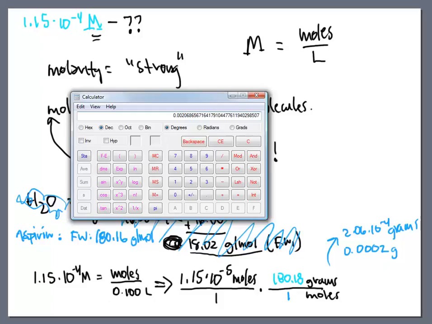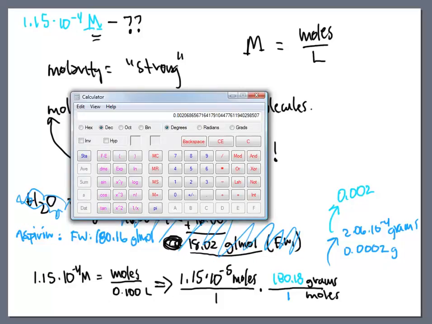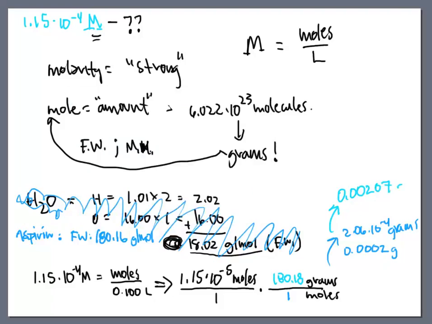And this means that I need to weigh out 0.002 grams. Now, I really need 3 significant figures here, so the first 2's don't count. If you're a sig fig person, it should be 0.00207 grams of aspirin that I would need to weigh out.